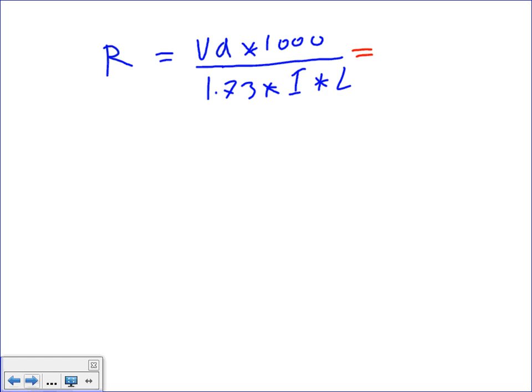What's my multiplier for the dip? 15%, which translates into 0.15 times the voltage, 208, times 1000, divided by 1.73 times I. I is the locked rotor current.